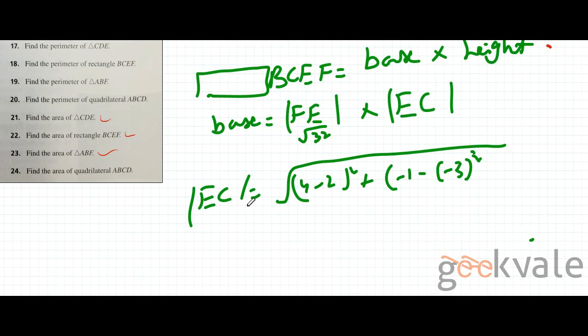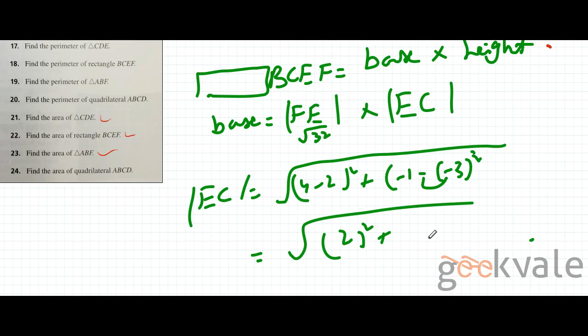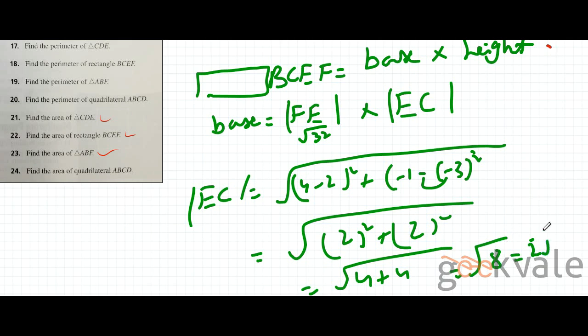Okay, 4 take away 2 will be 2 square plus these two minus multiply, minus minus plus, minus 1 plus 3 will be plus 2, 2 square. You'll get 4 plus 4, you'll get square root of 8, you'll get 2 square root of 2. We got 2 square root of 2.